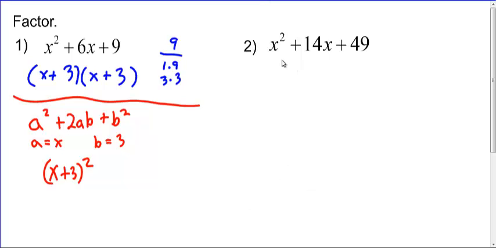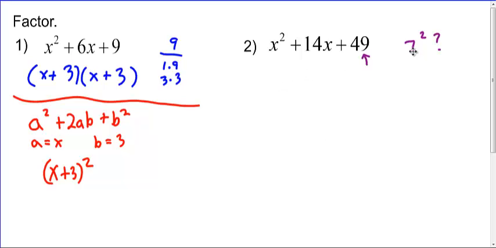Now number 2 is a very, very similar pattern, and honestly when I'm looking for that pattern, what I look for is this. I look at this term and this term. Now the first term is just x squared, perfect square, no big deal. The last term is 49, and when I see a 49, I'm immediately asking myself, are we going to use that 7 times 7 or 7 squared?